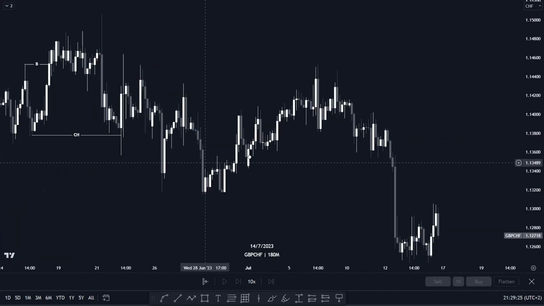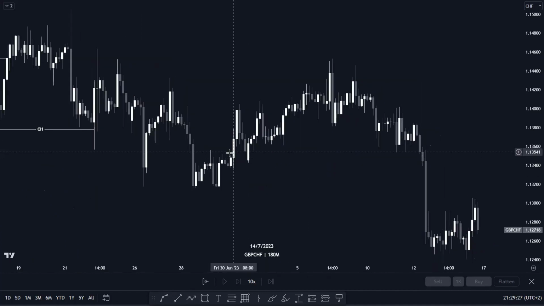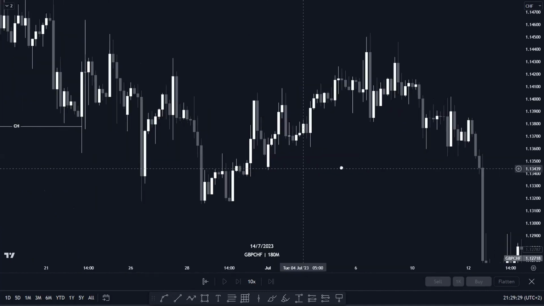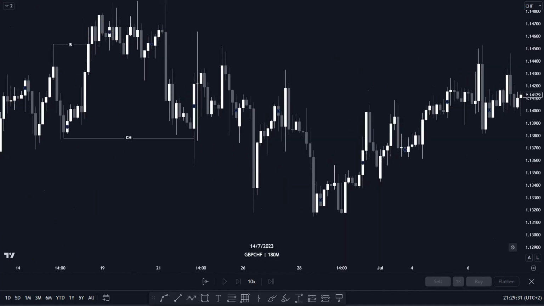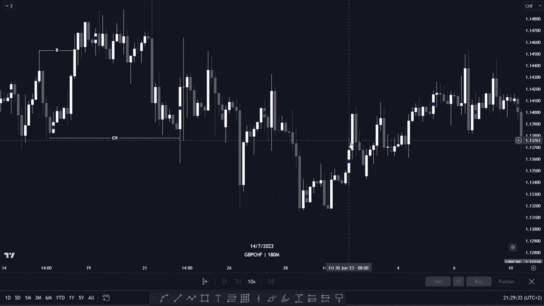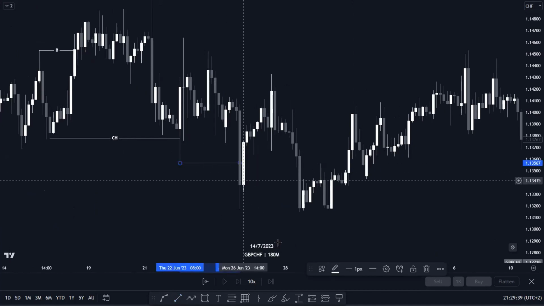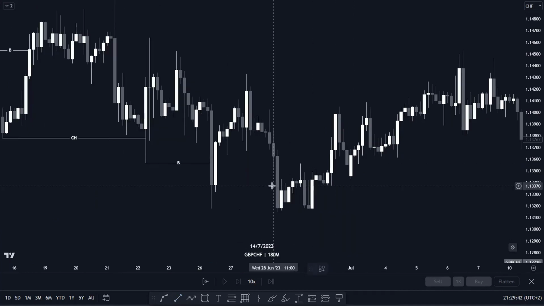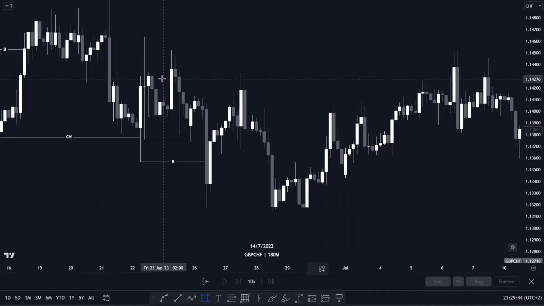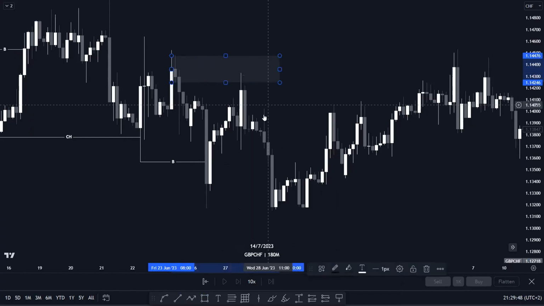Okay, so what I managed to see is that also on our lower time frame entry, price created this break of structure here, and price respected this supply area here.